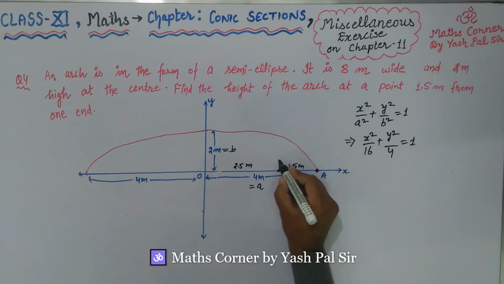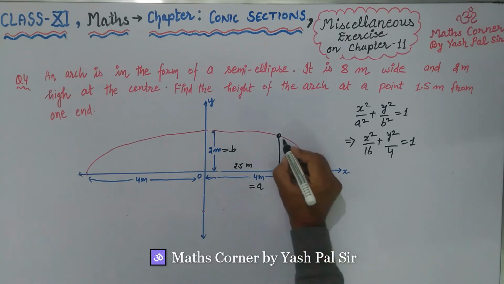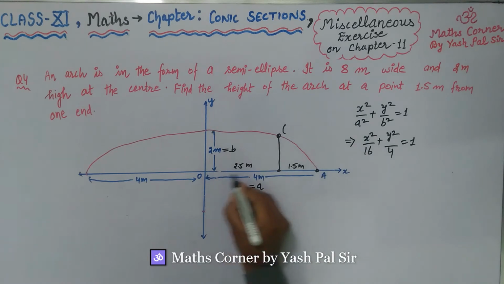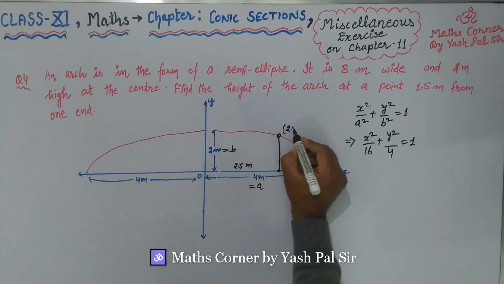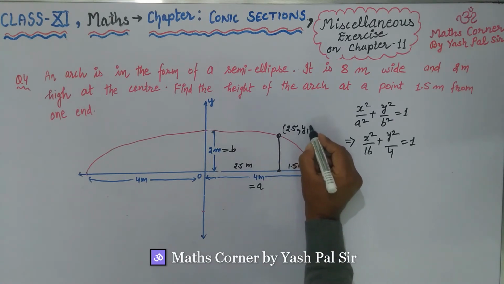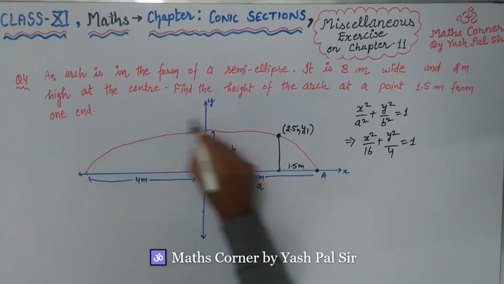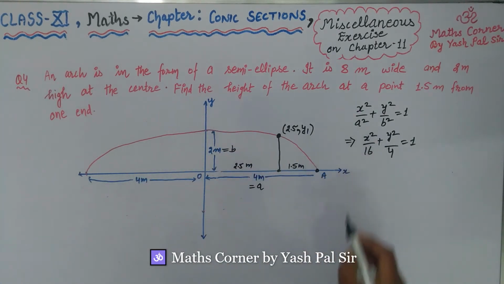So from here, what is this height? Suppose this height is y1, x1 we have decided here, this is 2.5, and height we are going to calculate. Suppose this is y1.